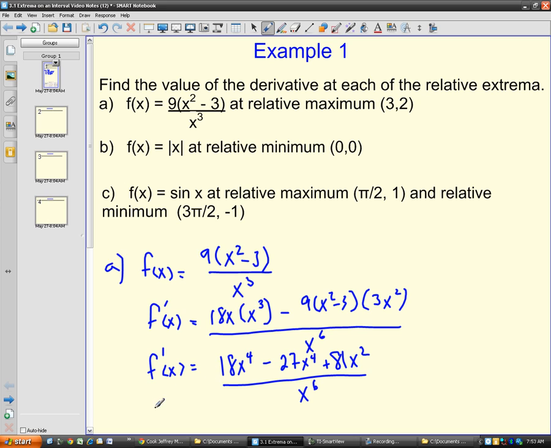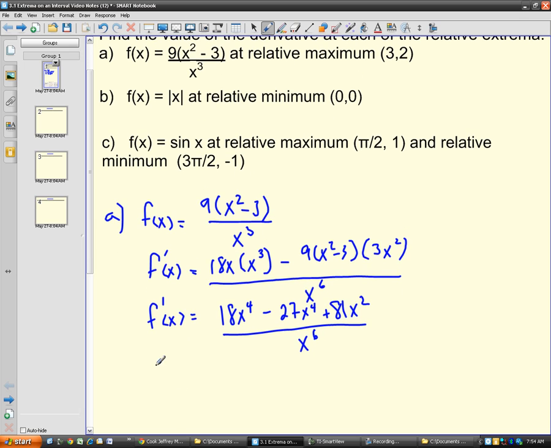If I do a little simplification, first of all I can combine these together and get negative 9x to the 4th, and then I could also get rid of an x squared top and bottom. I'm probably doing too many steps, so let's back up here. If I combine these, I get negative 9x to the 4th plus 81x squared, all over x to the 6th.